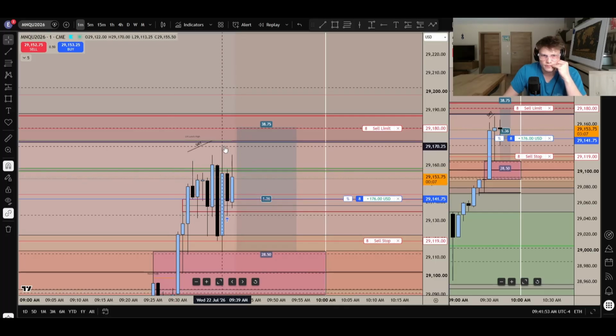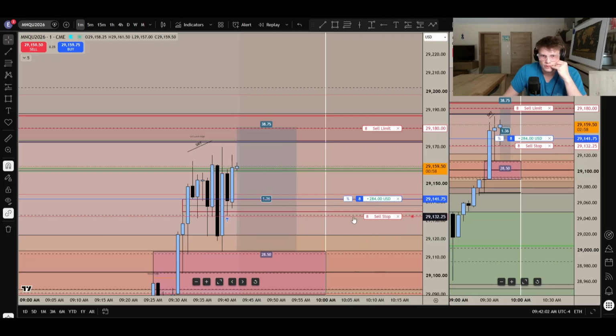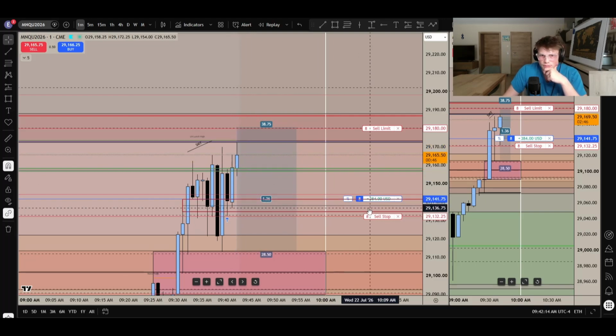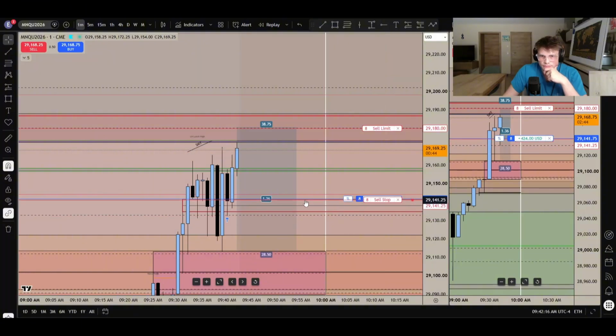This is the break-even point here. Okay, good close. I'll cut below this candle here. I'd love to see a quick snap into it and then coming back down. Okay, we're break even. We are already break even.